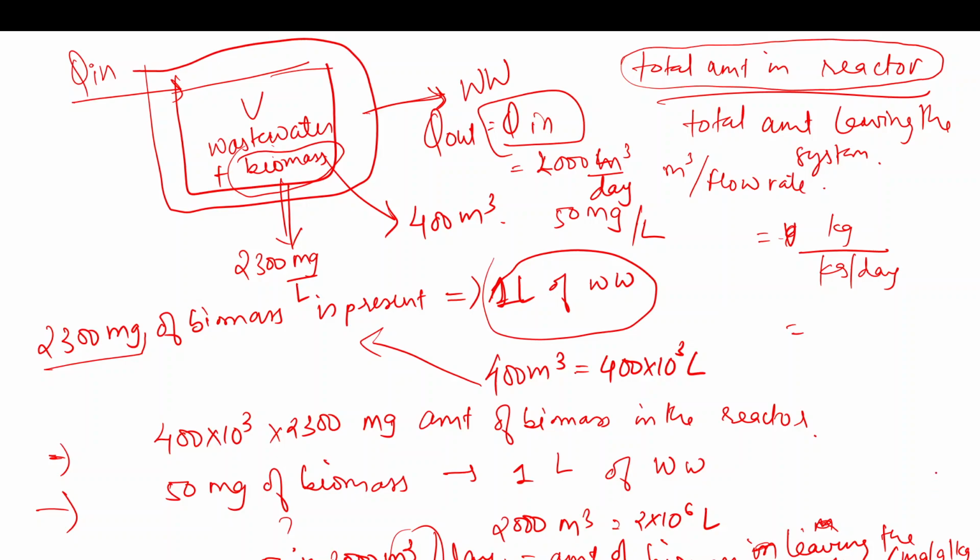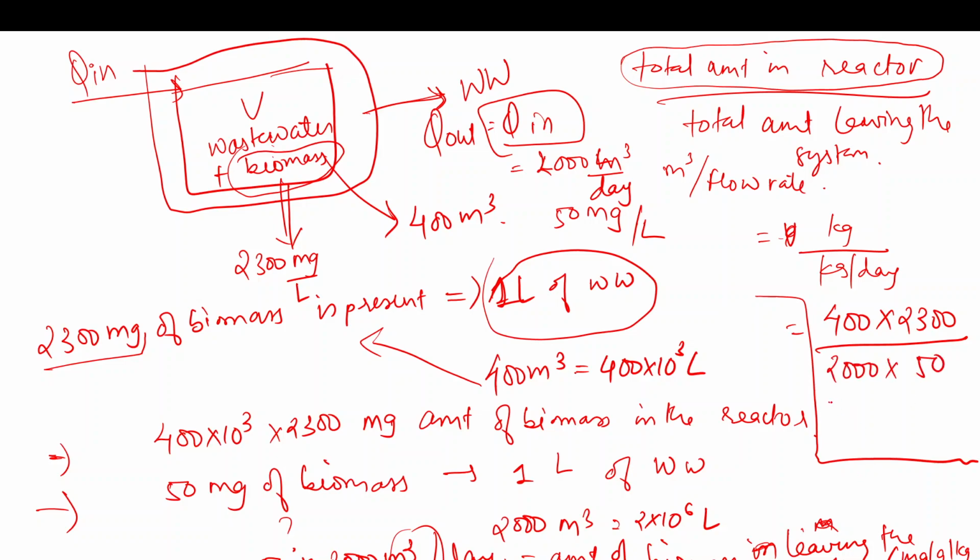Okay, so now if we put in the values, the total amount present in the reactor divided by the amount coming out of the reactor is 400 into 2300 divided by 2000 into 50, right?